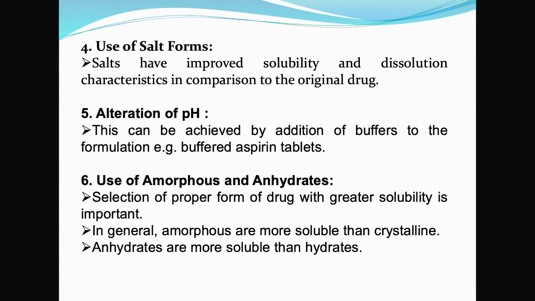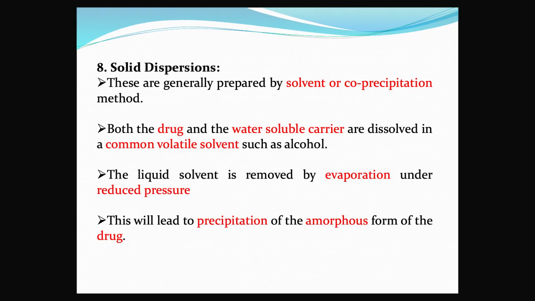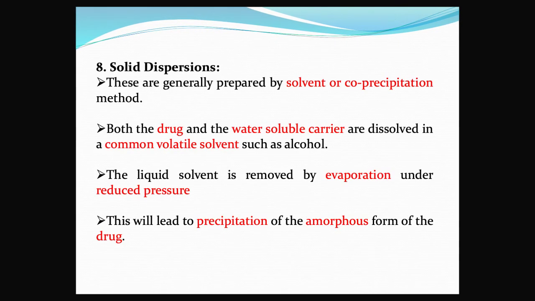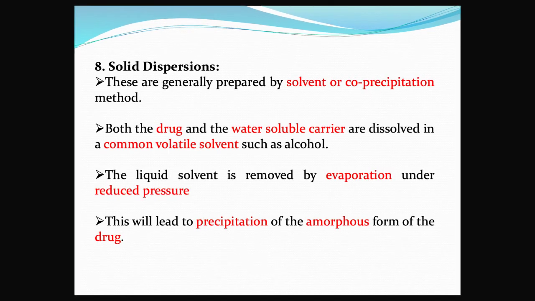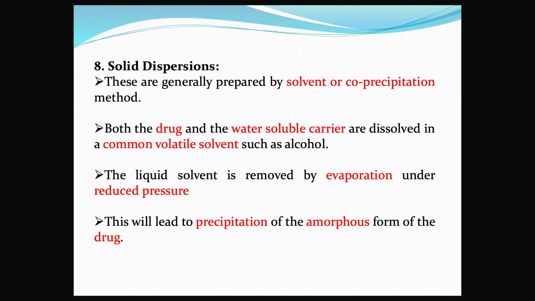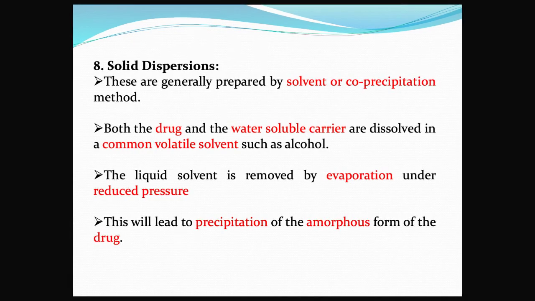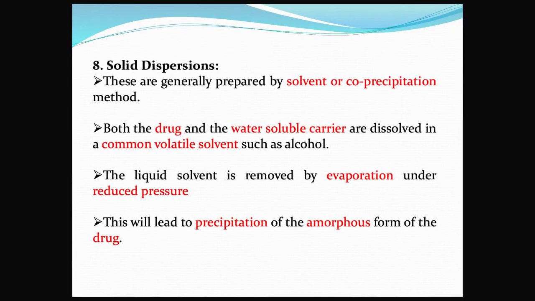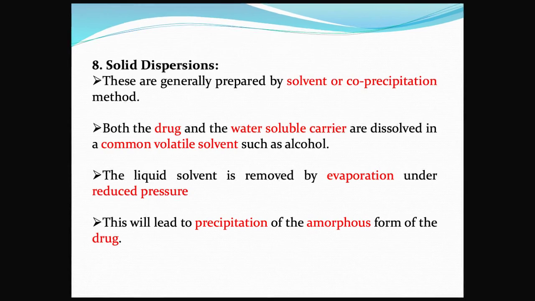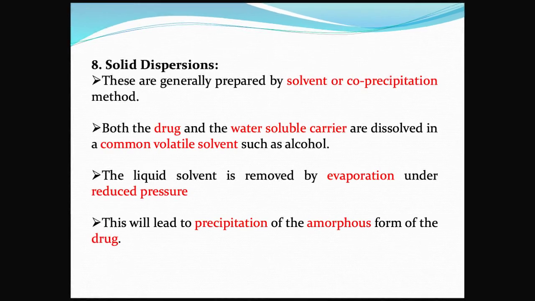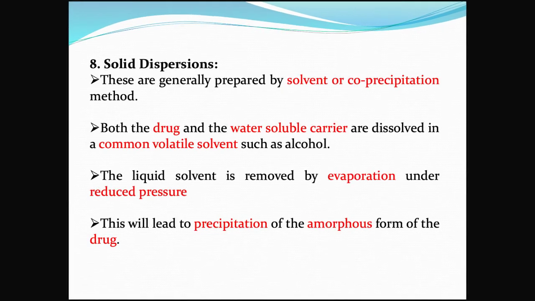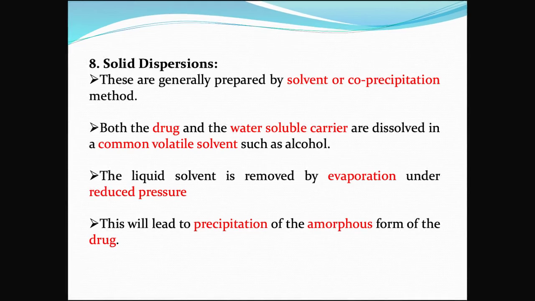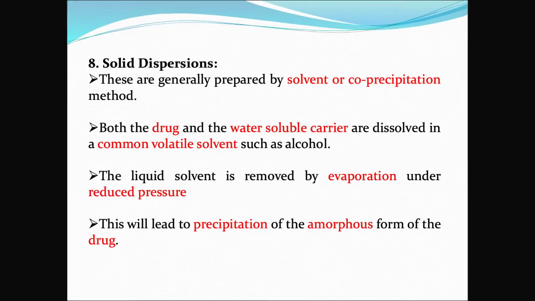Solid dispersions utilize the solvent or co-precipitation method to bypass the limitations of a drug's crystalline structure. We begin by dissolving both the drug and a water-soluble carrier into a common volatile solvent, ensuring both components are mixed at the molecular level. As we apply reduced pressure to evaporate the solvent, the sudden transition prevents the drug from reforming a structured crystal lattice, forcing it instead into a disordered amorphous state.